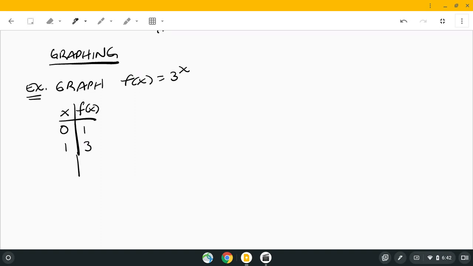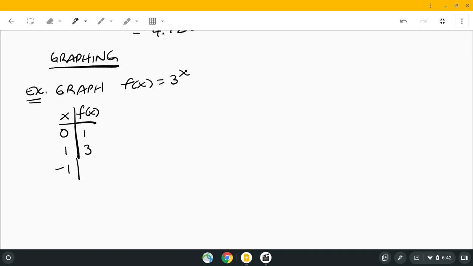And let's do one more, x is -1. 3 to the -1 power. Remember, when you have negative exponents, you have to take the reciprocal. So it becomes 1 over 3.